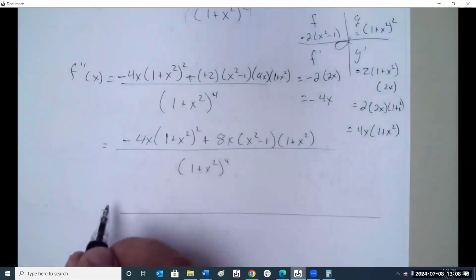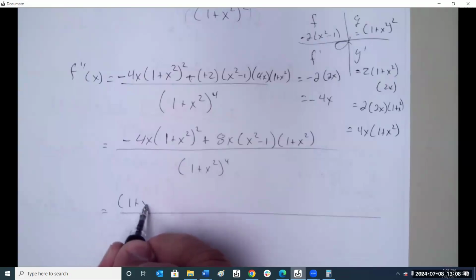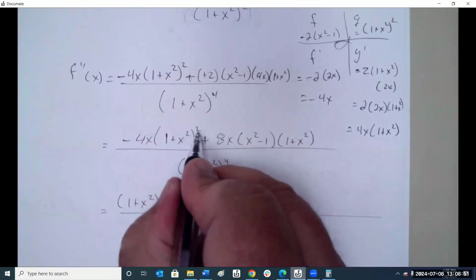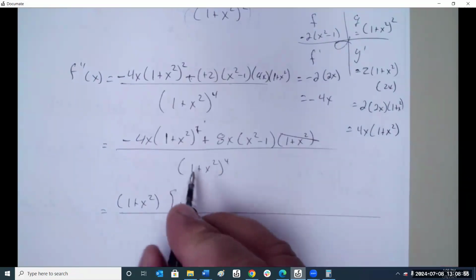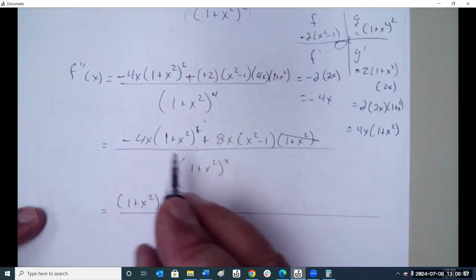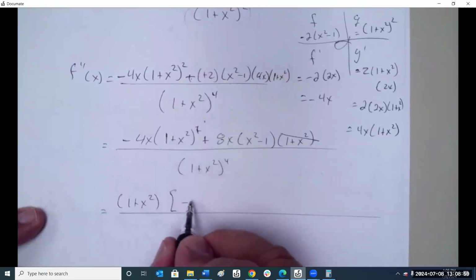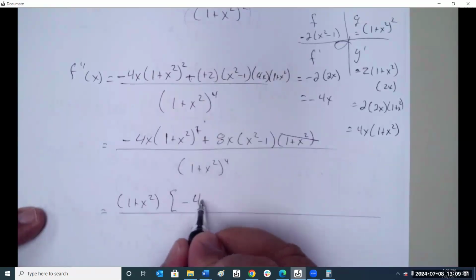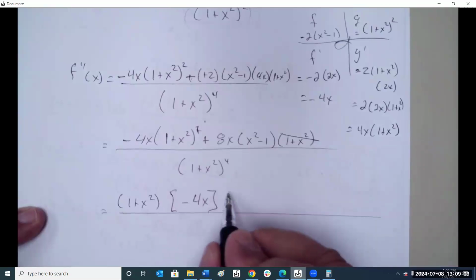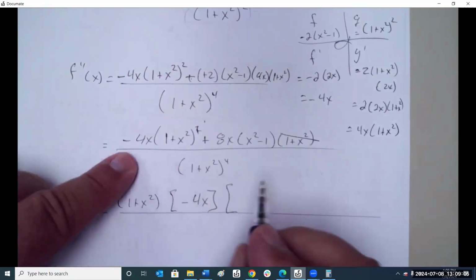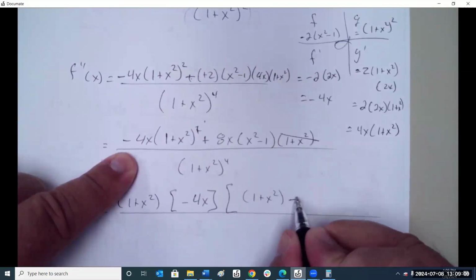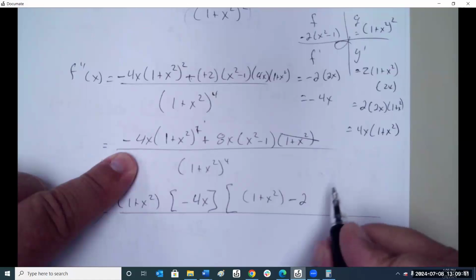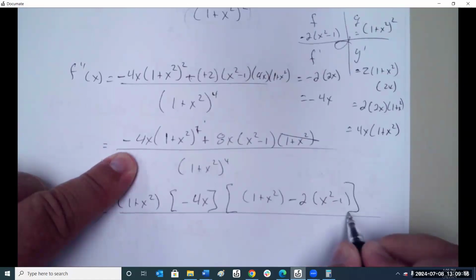Okay, we can factor out a 1 plus x squared and a negative 4x out. So that'll leave us 1 plus x squared minus 2(x squared minus 1).